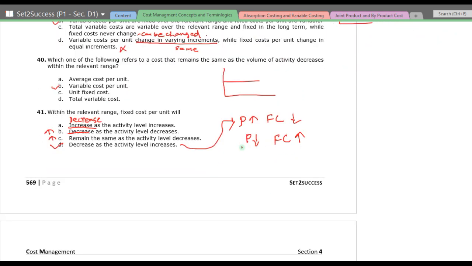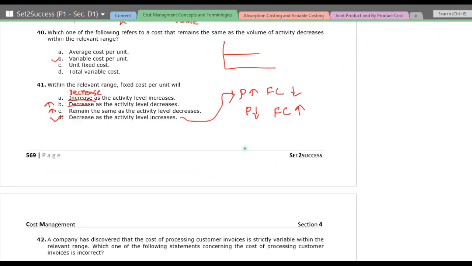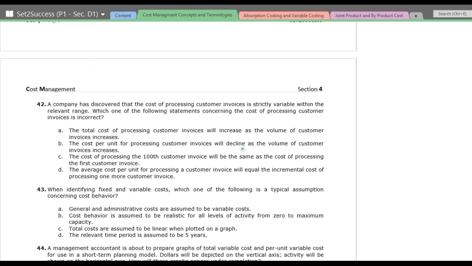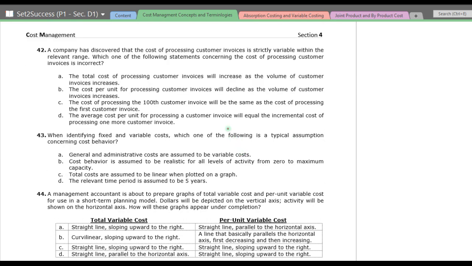Next. A company has discovered that the cost of processing customer invoices is strictly variable within the relevant range.